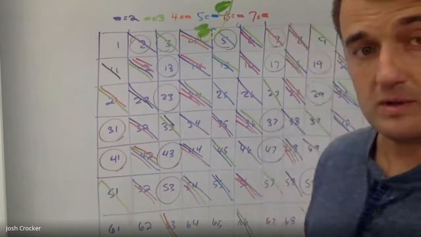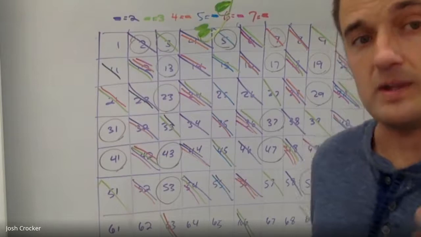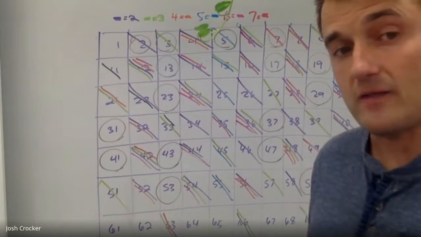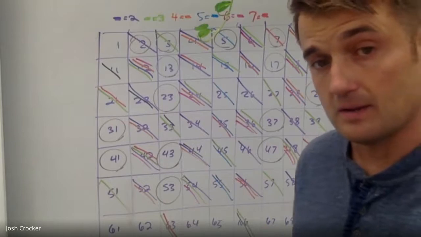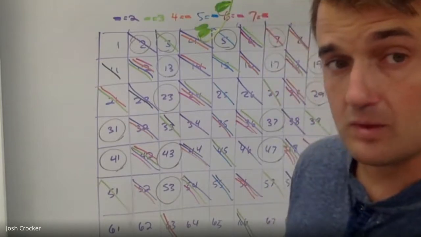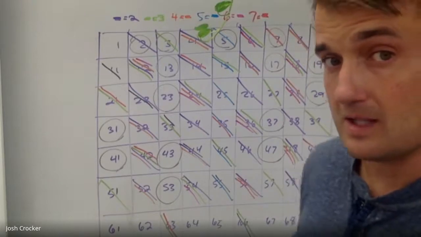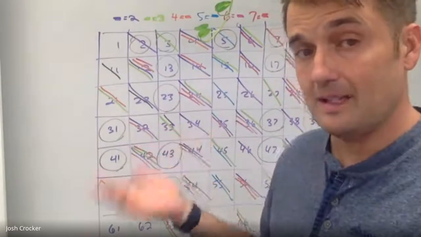Those are prime numbers. They are numbers that do not have factors outside of 1 and themselves. They're also not a multiple of any of these numbers. These smaller numbers, 2, 3, 4, 5, 6, 7, they won't go into it evenly.